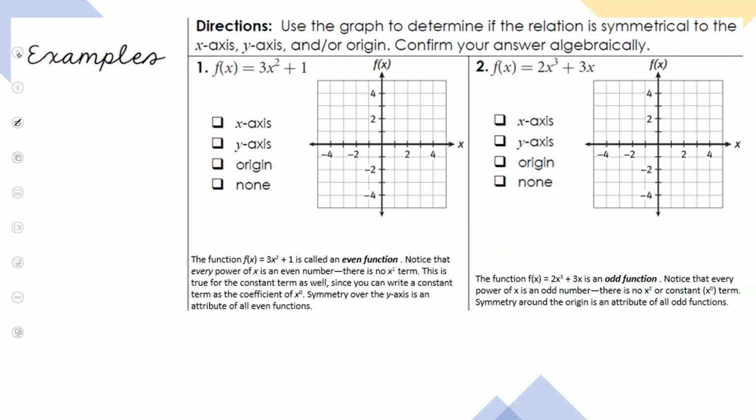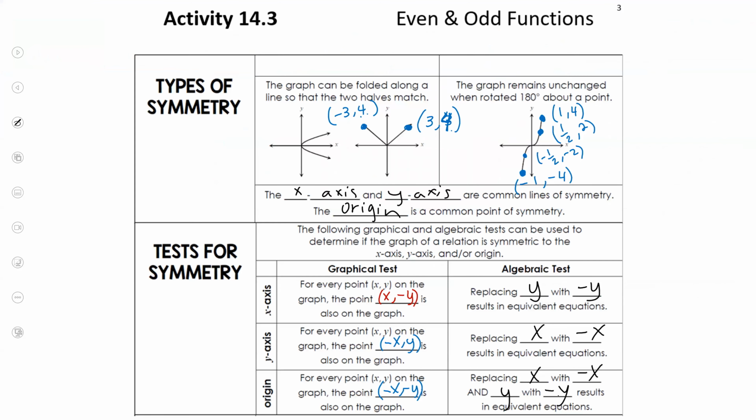So right here, we're going to use a graph to determine if the relation is symmetrical to the x-axis, y-axis, or the origin. Okay, and we're going to confirm our answer algebraically. Okay, so let's look at our last slide back here. We said it is symmetrical about the x-axis if you replace y with negative y, and you still have the same equation.